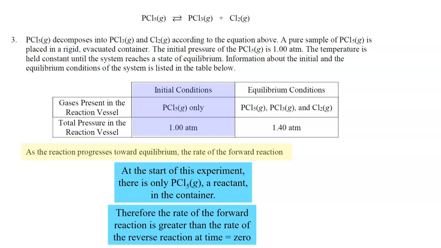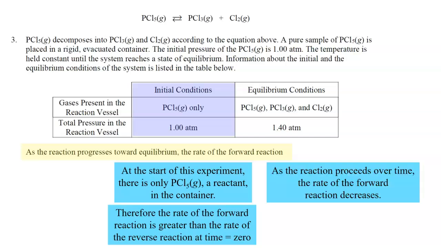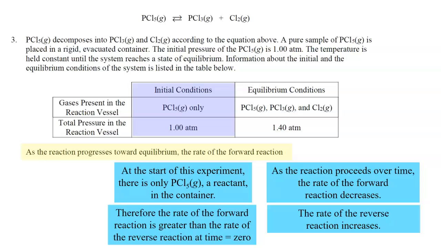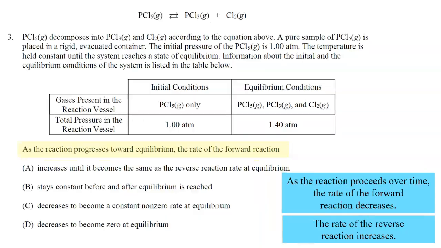Therefore, the rate of the forward reaction is greater than the rate of the reverse reaction at time 0. But then as the reaction proceeds over time, the rate of the forward reaction decreases and the rate of the reverse reaction increases. Let's go back and take a look at our 4 choices.